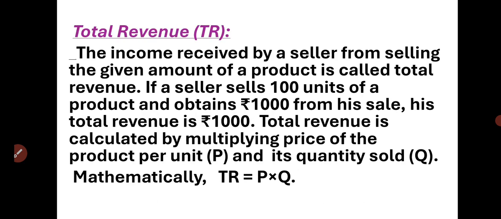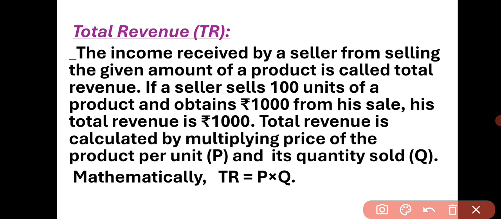First, what is total revenue? Total revenue, or TR, is the income received by a seller or a producer from selling a given amount of a product.